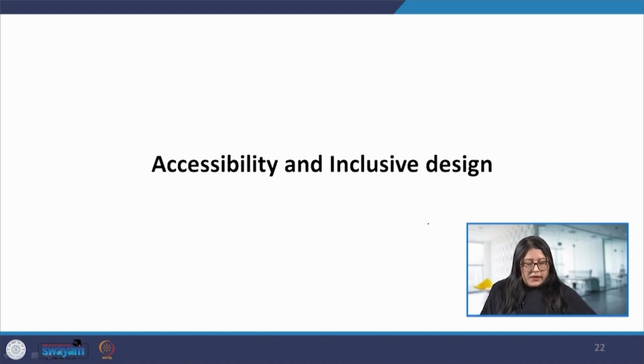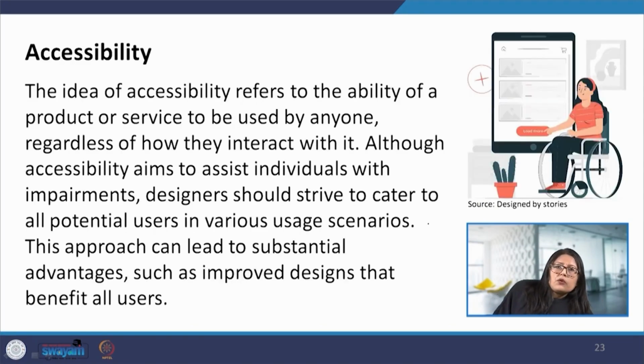Now, accessibility and inclusive design. This is a very important aspect when we are designing, because we have already talked about the different user goals, the usability and the user experience as well, and how the designers need to cater to the needs of all types of people.